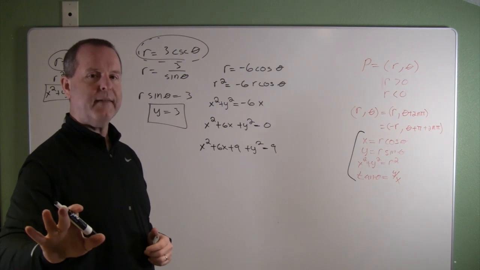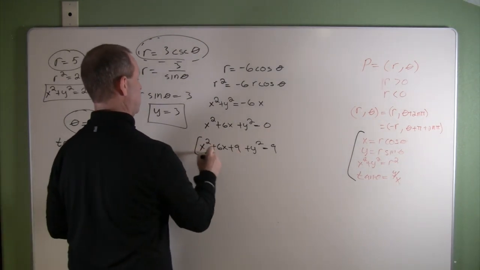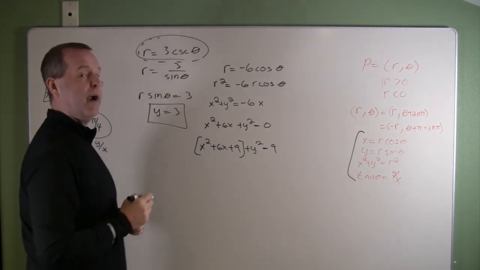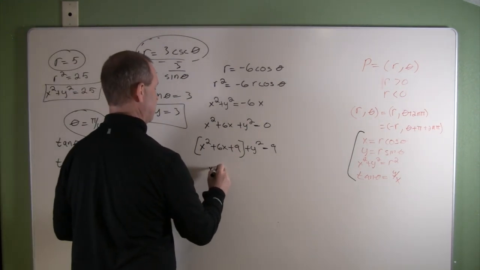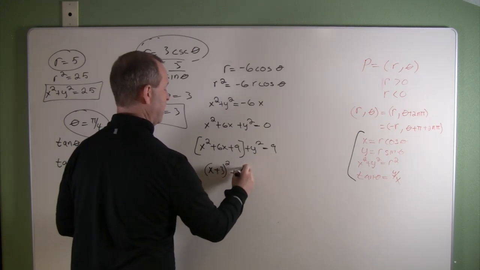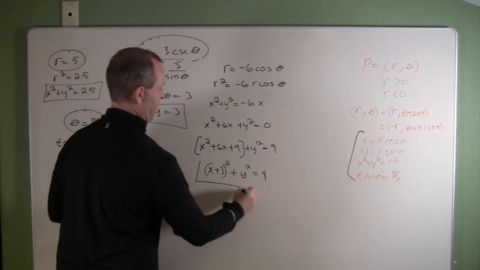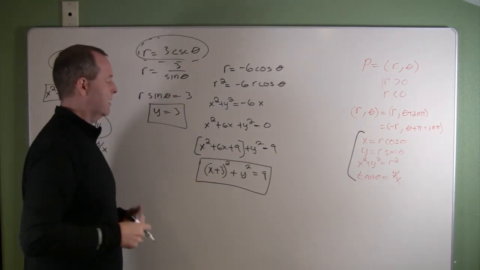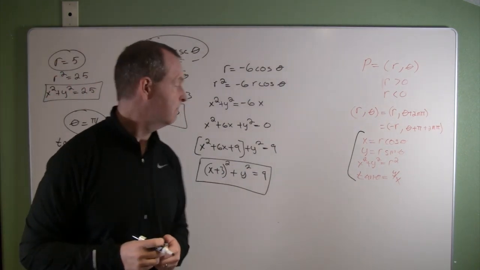The reason why I'm doing that will become apparent on this next step, because this right here looks like a perfect square. And this is the square of x plus 3, squared, plus y squared equals 9. And I wanted to end up right there because I remembered that was the standard equation of a circle.